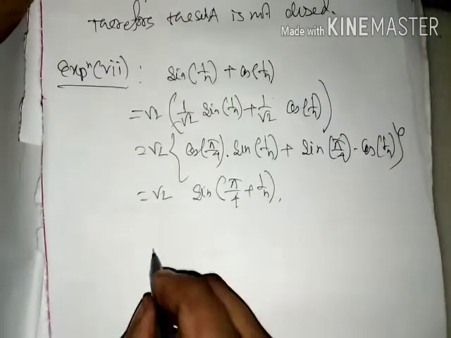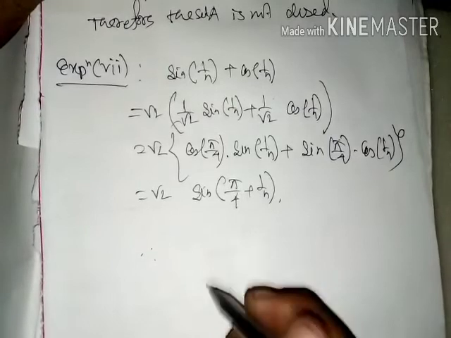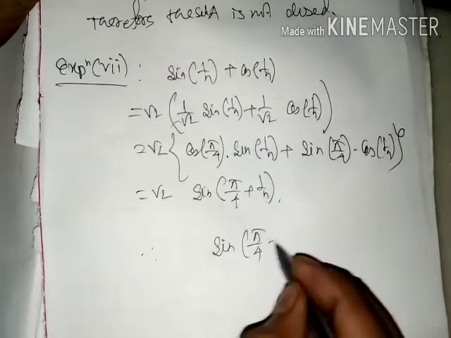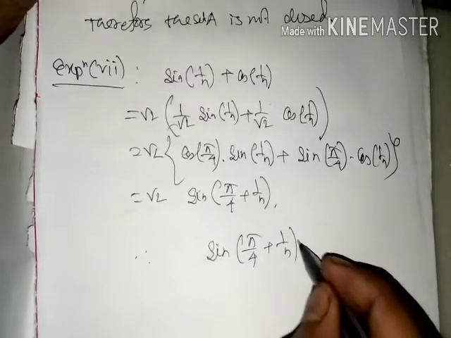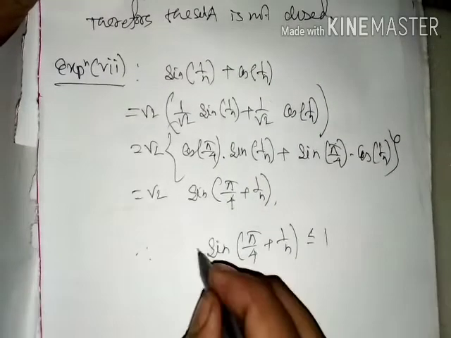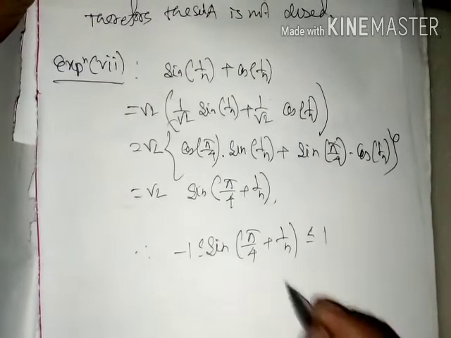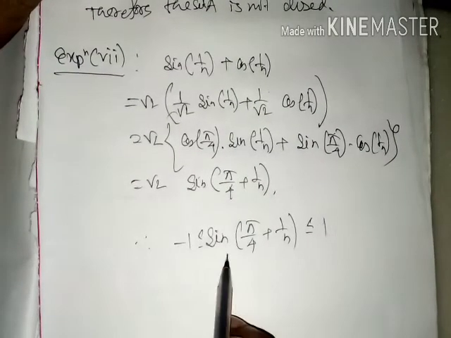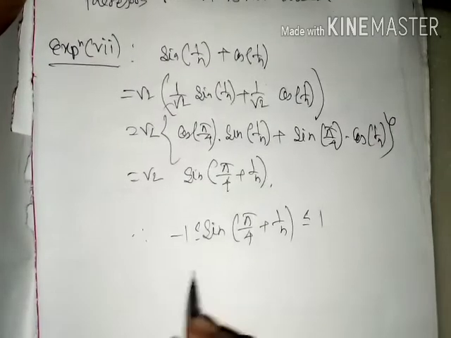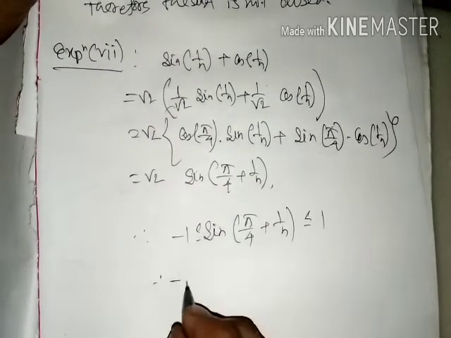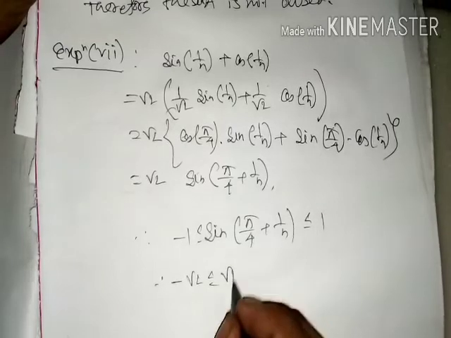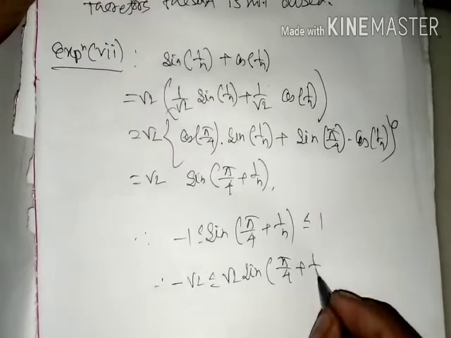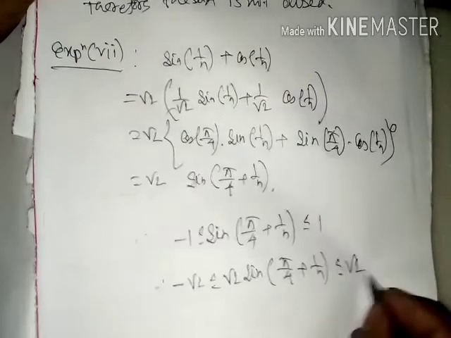We already know sin(pi/4 + 1/n) lies between 1 and minus 1. Now we multiply this inequality by root 2: root 2 times sin(pi/4 + 1/n) is at most root 2.